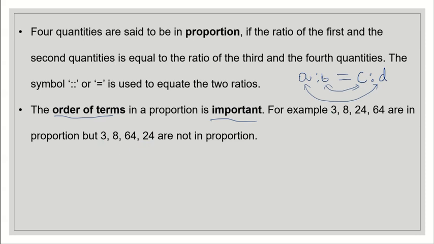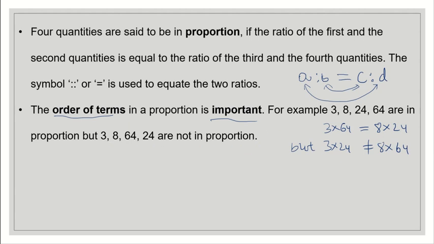You could observe that. 3 into 64 is equal to 8 into 24, but here 3 into 24 cannot be equal to 8 into 64. That's why we have to write them in proper order.